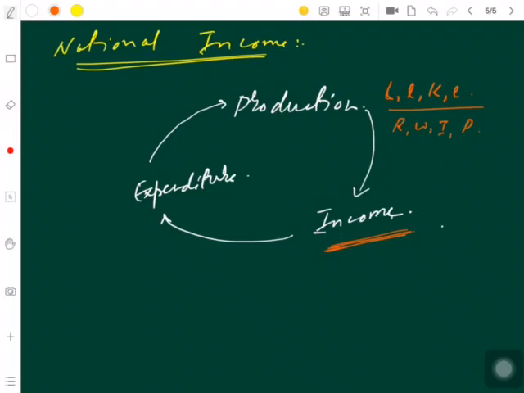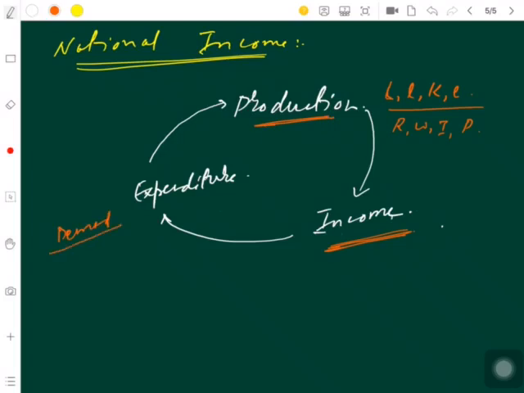This income will be spent by the people for acquiring the goods and services produced by the process of production. So they will make an expenditure on goods and services. And this expenditure will give further rise to production, because expenditure means demand of goods and services.